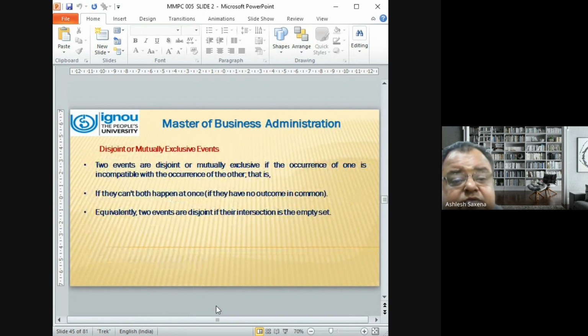Disjoint or mutually exclusive events. Two events are disjoint or mutually exclusive if the occurrence of one is incompatible with the occurrence of the other. That is, if they can't both happen at once, if they have no outcome in common.